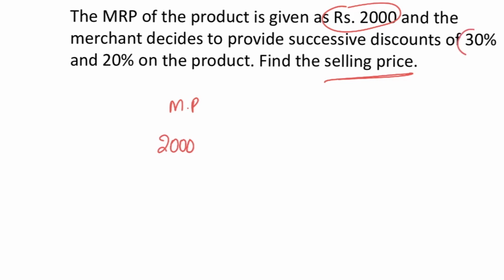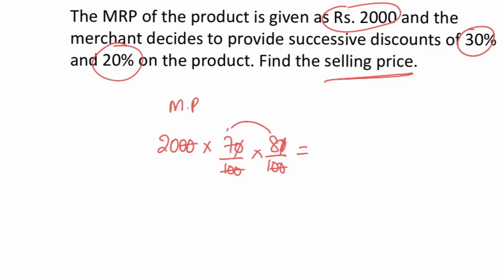Two successive discounts are given. One is 30% discount and the other is 20% discount. On applying discounts, 2 zeros cancel, 2 zeros cancel, 8 into 7 is 56, 56 into 2 is 112, so 1120 rupees is the selling price.